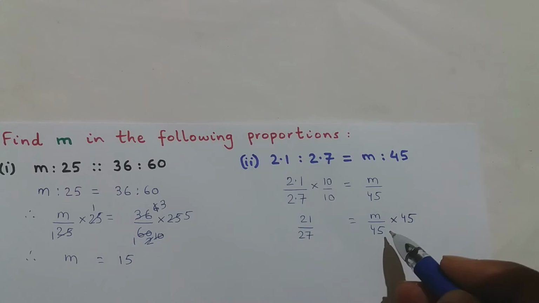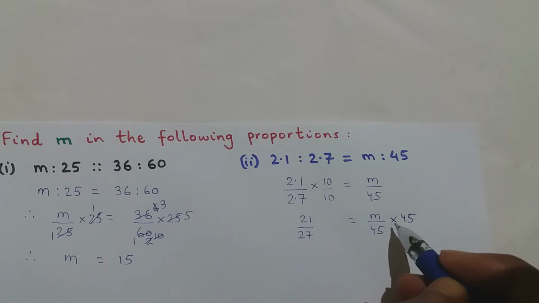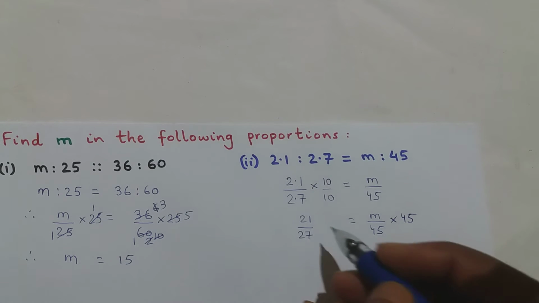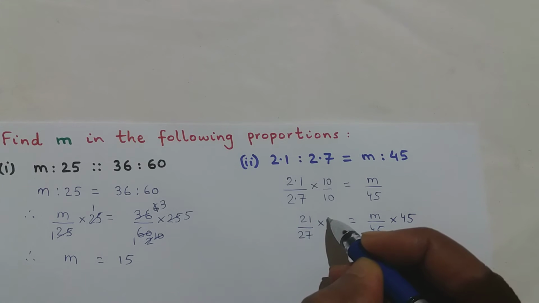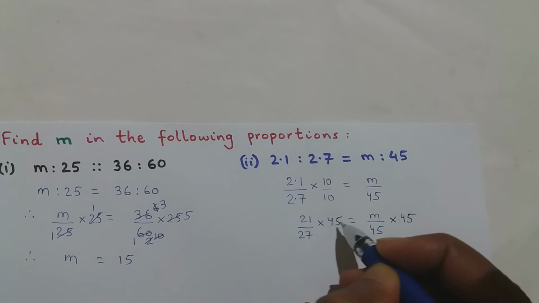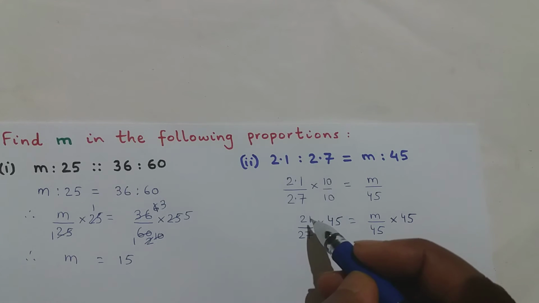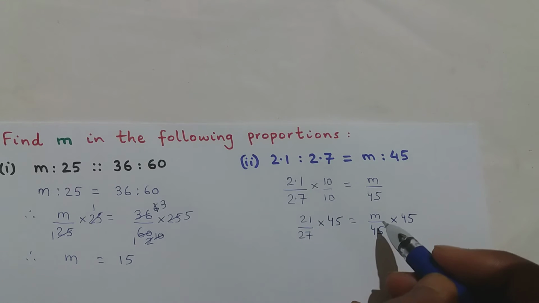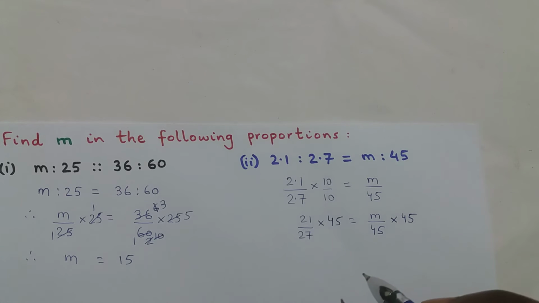Since I am multiplying the right hand side of the equation with 45, I will multiply the left hand side of the equation also with 45. So it now becomes 21 upon 27 into 45, that is equal to m upon 45 into 45.